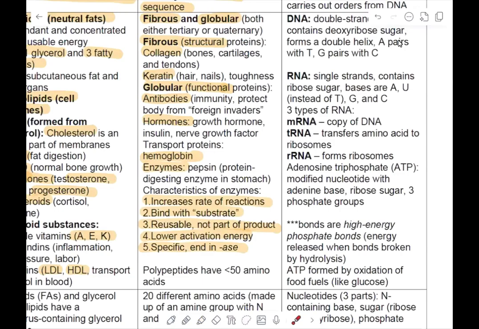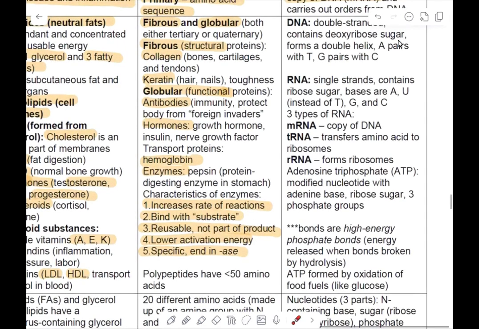They speed up the chemical reaction by lowering the activation energy. They bind with a substrate. They're reusable, so they're kind of green, they're energy friendly, and they usually end with ASE. So polypeptides are going to have a lot of amino acids.